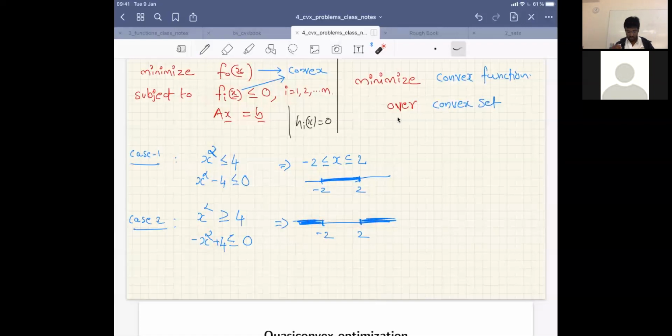I'm just taking an example to make you go through a scenario where, if these constraints are given, what happens? Let's assume that all other criteria are satisfied here. You have a nice objective function which is convex. Let's assume that you have an equality in an affine form. Assume that. Now, what happens if you have this?